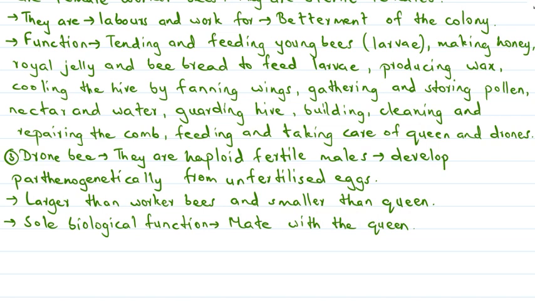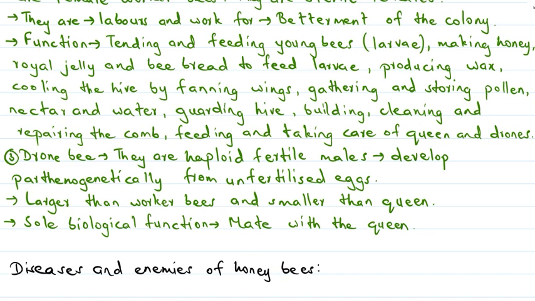Okay. So the number of drones in a colony varies from 200 to 300, but during unfavorable season, they are driven out. Okay. So this is about the colony and different castes of honeybees. Now let's move on and discuss the diseases and enemies of honeybees.